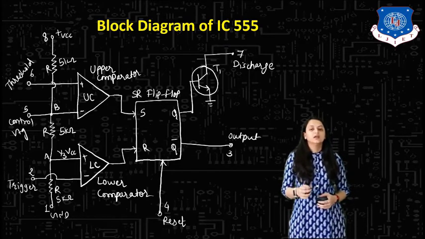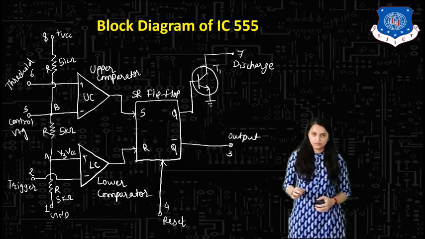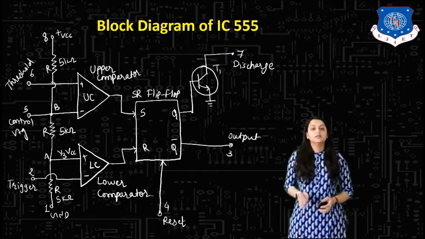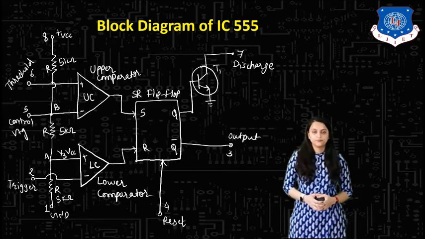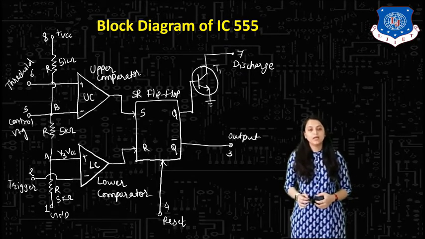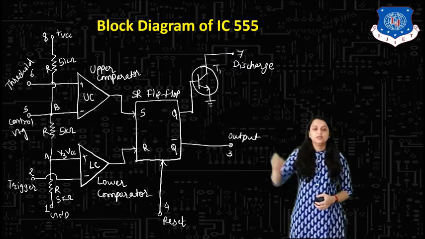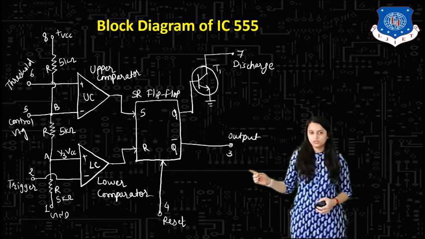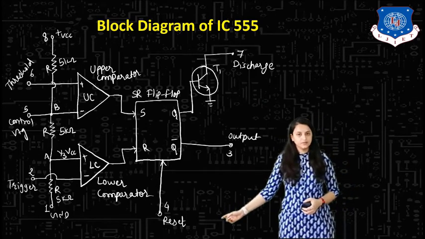Now, here some numbers are indicated like 8, 6, 5. What are those? They are pin numbers of IC 555. Pin number 8 is for plus VCC. Pin number 7 is for discharge. Pin number 3 is for output. Pin number 4 is for reset.